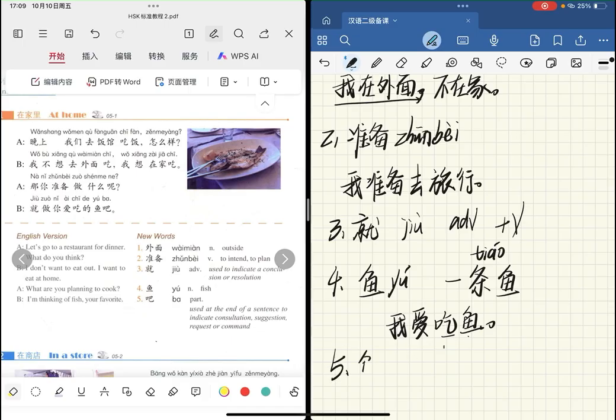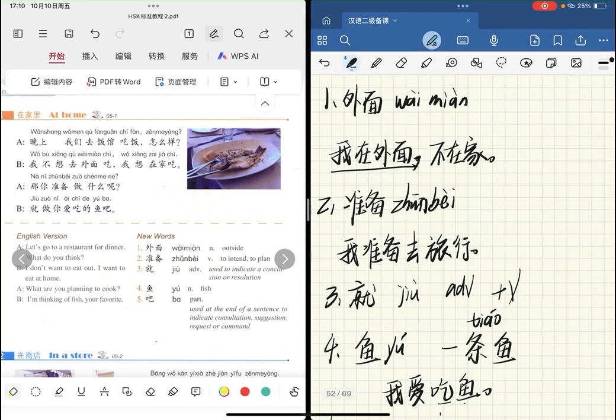Okay, the next one, 吧. It is used at the end of a sentence to indicate consultation, suggestion, request, or comment, to make your tone sound softer.